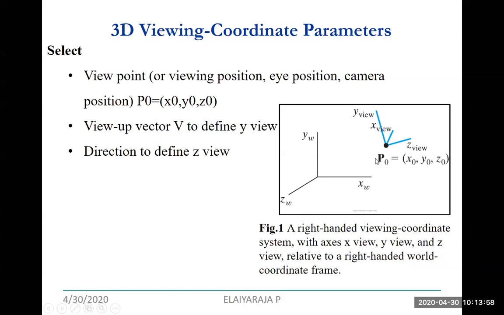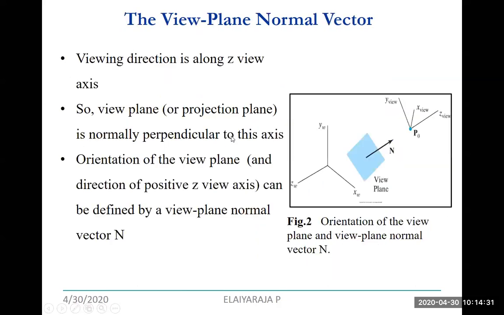In a right-handed system the viewing coordinate system will be closer to the viewer, whereas in a left-handed system it is away from the viewer. In viewing coordinate parameters we most often use the right-handed system only, and left-handed systems are used in normalized vectors.